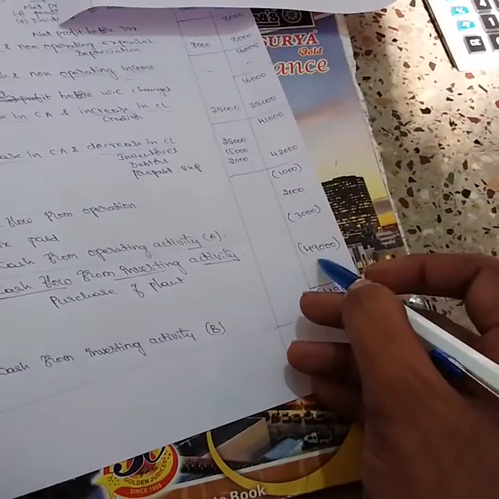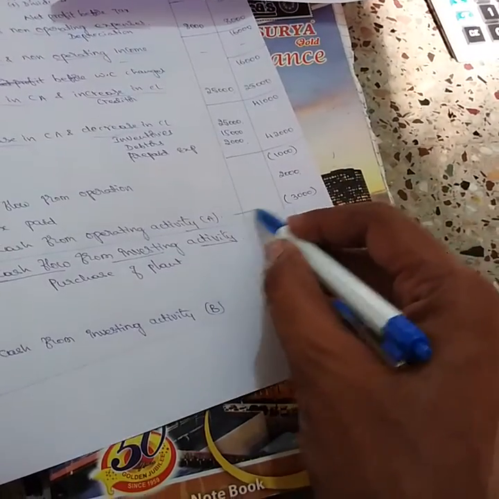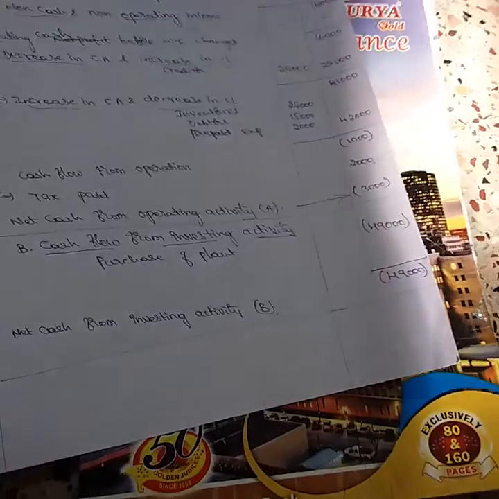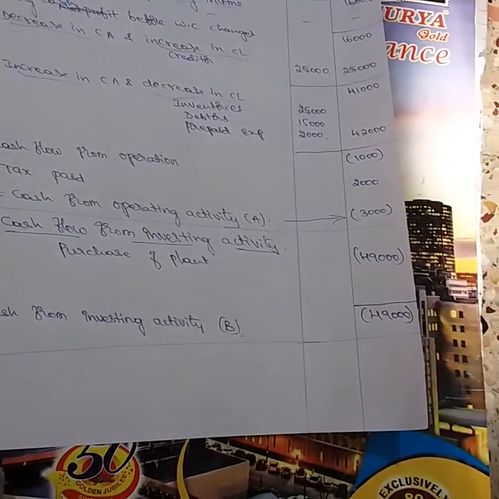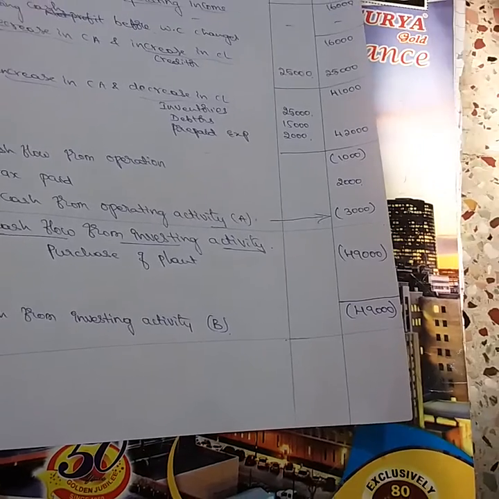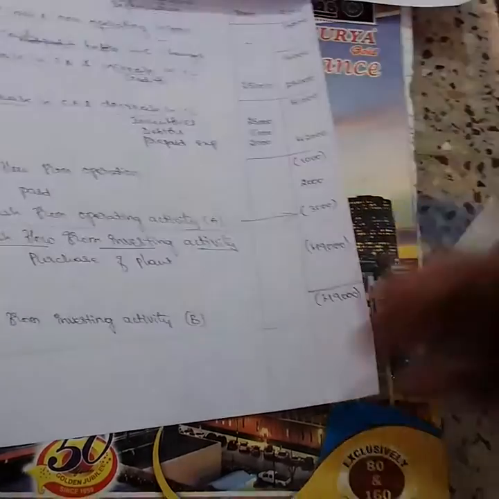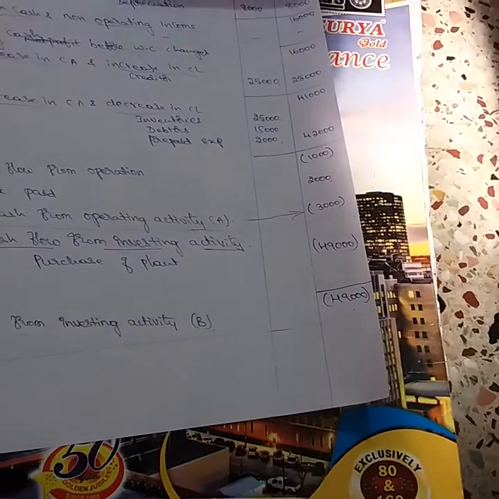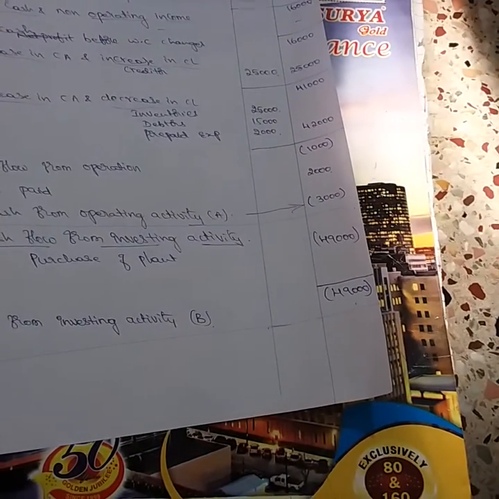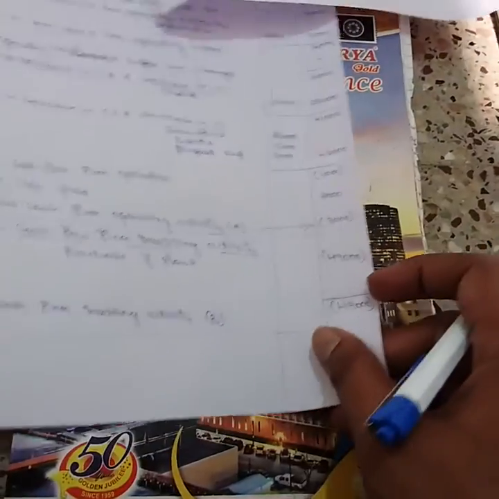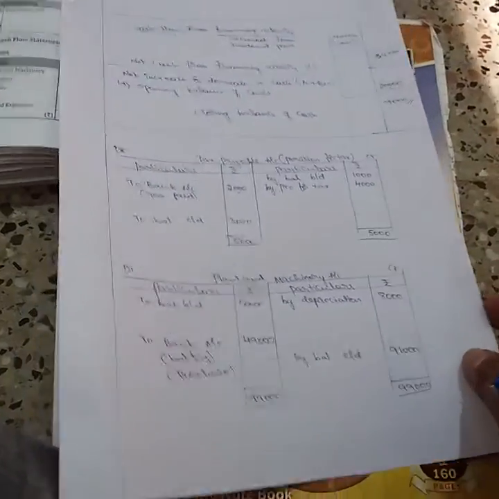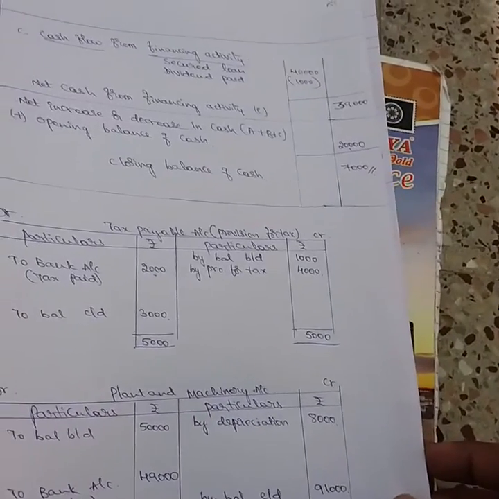So A plus B plus C. A is minus 3,000. B part is minus 49,000. And C part is plus 39,000.